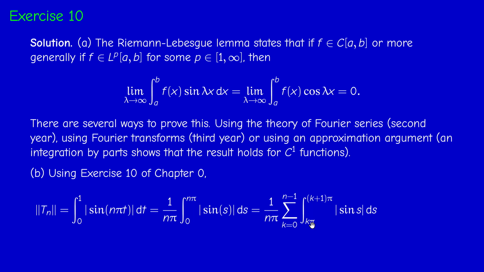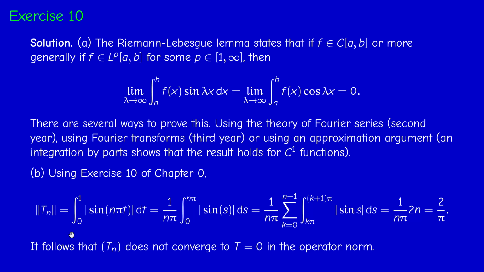And similarly, from pi to 2 pi, you'll get minus sine, and so on. So it's easy to see that this integral is just 2. So I'm summing 2, n times, so this sum is just 2n. So I get finally 2 over pi. And therefore, the norm of T_n does not tend to 0.